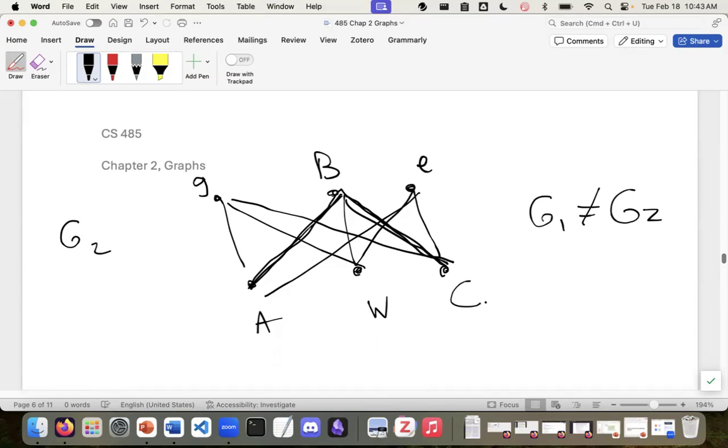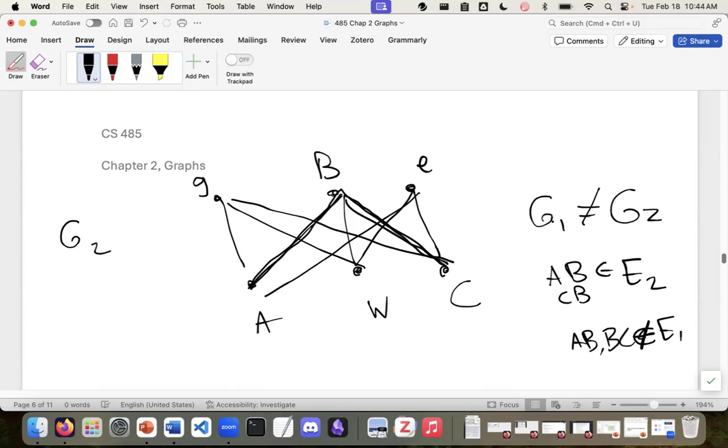And so we say G1 is not equal to G2 because AB is in the edge set of E2 and also BC. But AB and BC were not in the edge set of graph 1. You'll see the use of subscripts in here, which is like a little number below the letter.